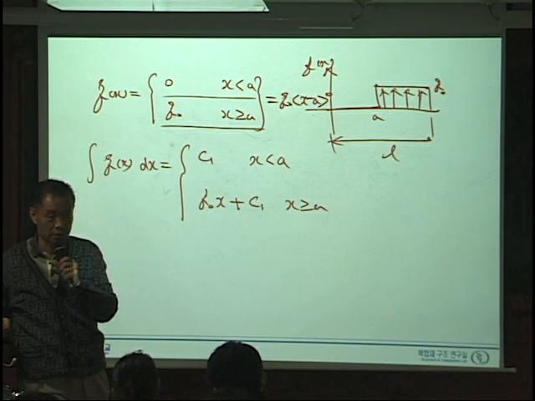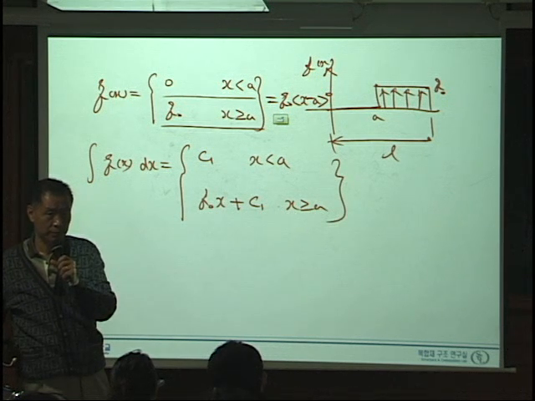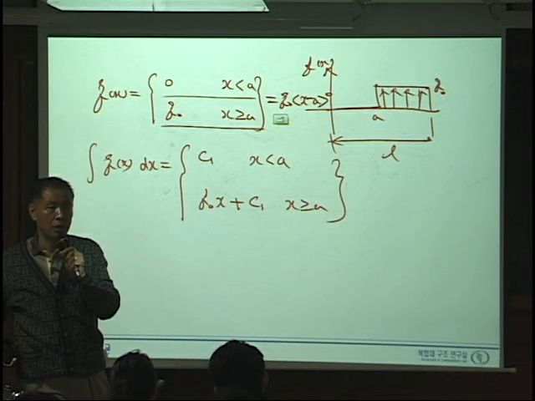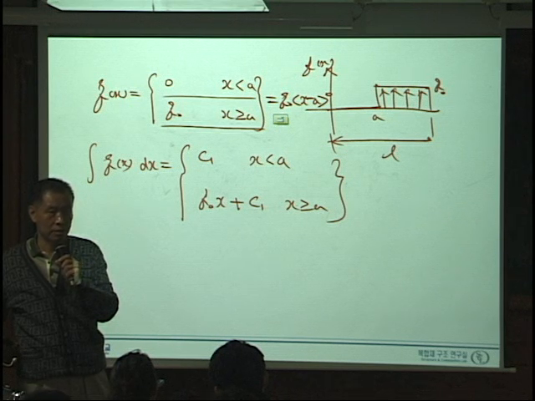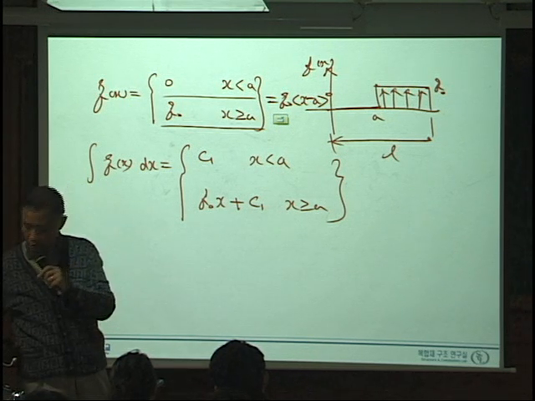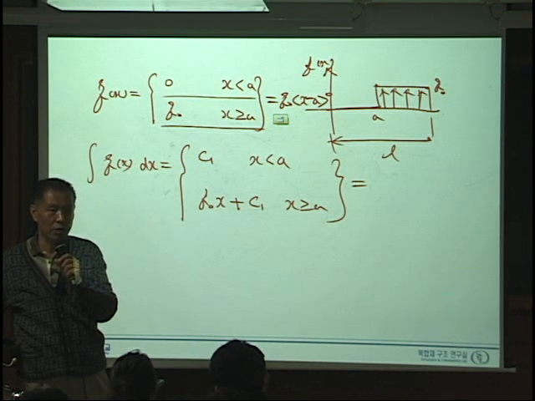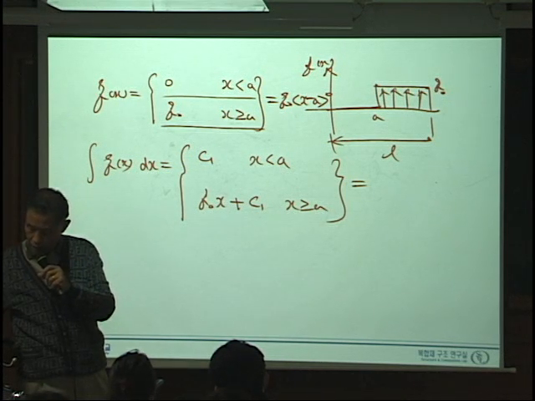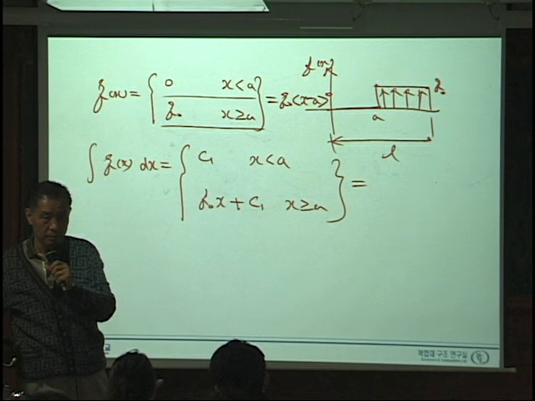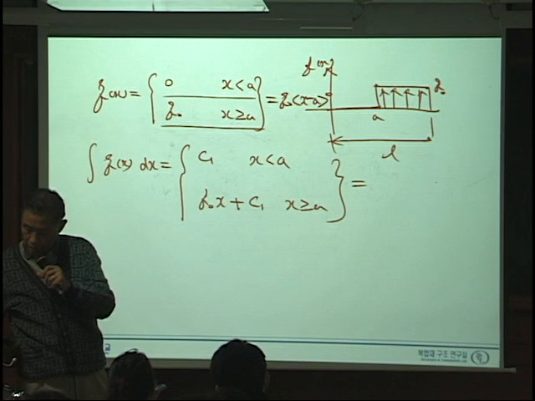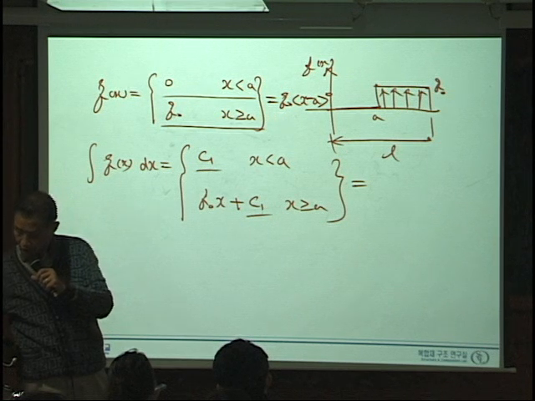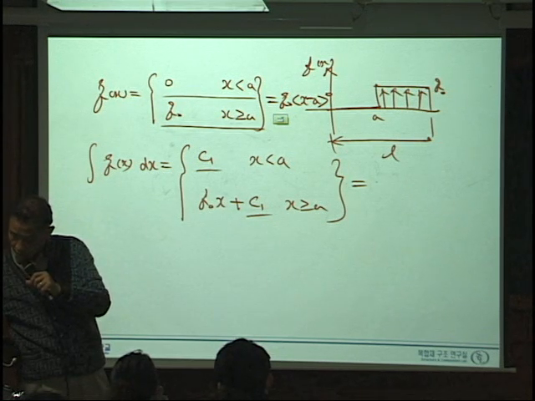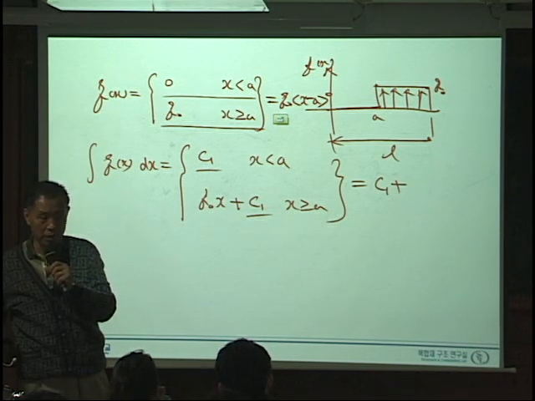Am I right? Yes. Now, using the singularity function, let's try to express this equation. What will be the result? Remember that C1 is a constant. So there will be C1 constantly.